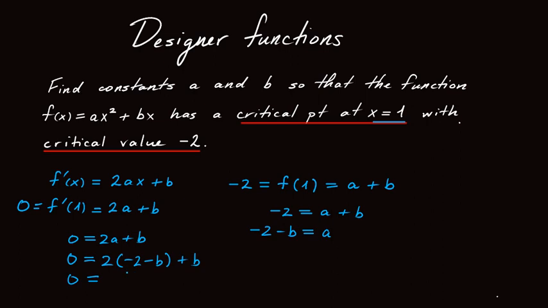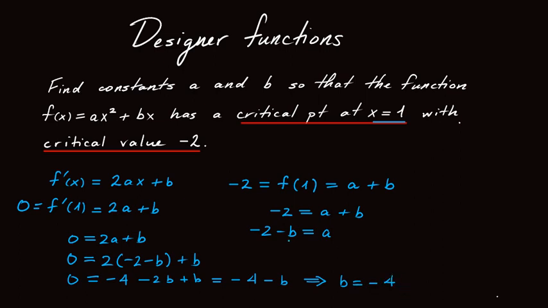So if I solve this for b, I get minus 4 minus 2b plus b, which simplifies as minus 4 minus b, which will tell me that b has to be equal to minus 4.